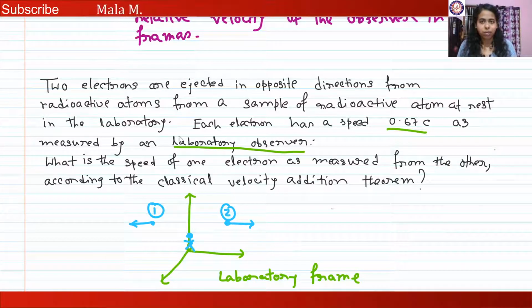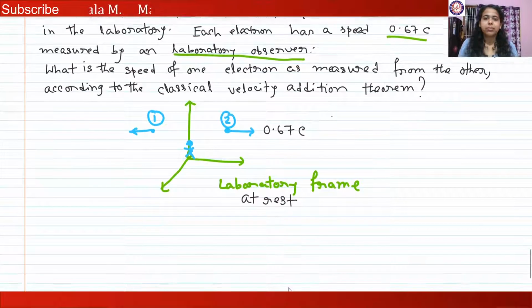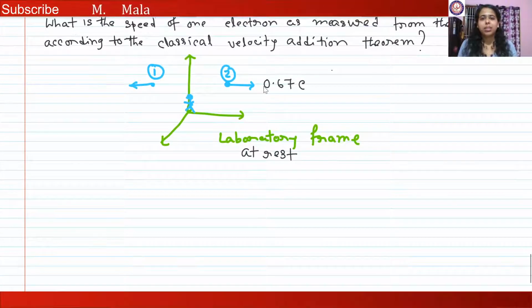Both of them have a velocity 0.67 c. That means this frame is at rest, while the laboratory frame is at rest, the velocity is measured like this.